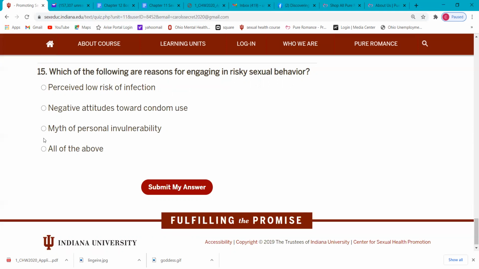They have negative attitudes towards using condoms, maybe they don't want condoms in their mouth. Myth of personal invulnerability. They think they're going to lose out on that sexual experience if they are being super safe. So, risky sexual behavior.